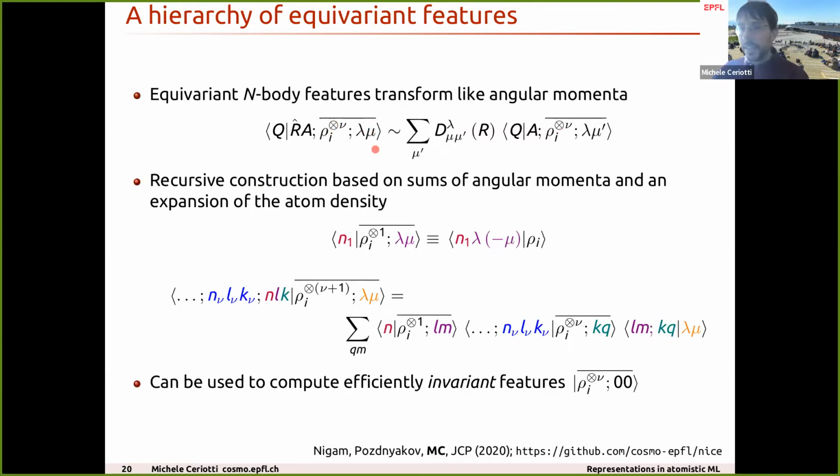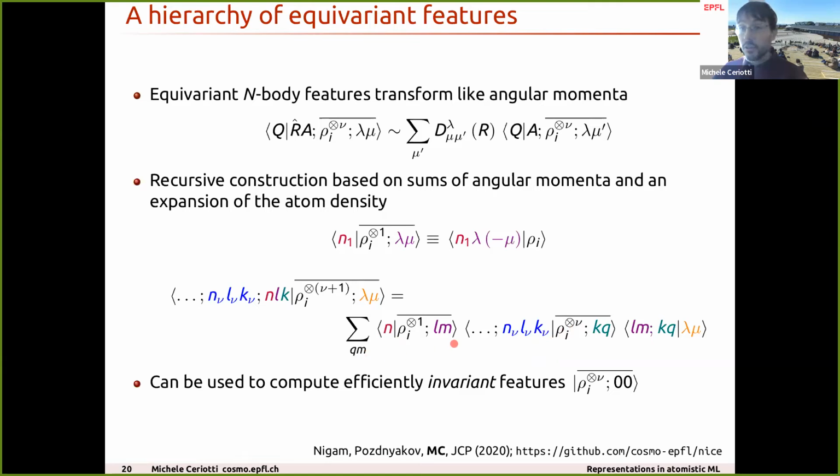And so it turns out that this algebraic structure, so the fact that you build features that transform like angular momenta or spherical harmonics, means that the only thing that you can do to build new features starting from features is some kind of Clebsch-Gordan iteration. So basically it is taking two equivariants of lower order, essentially an equivariant that describes new neighbors, and a density expansion.